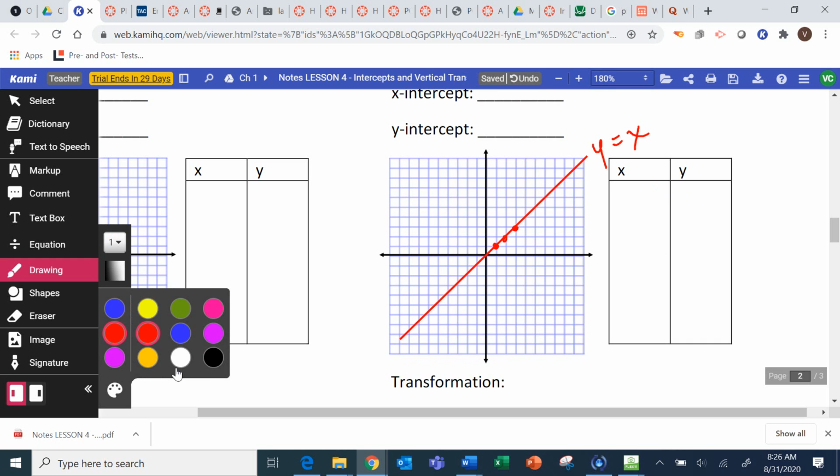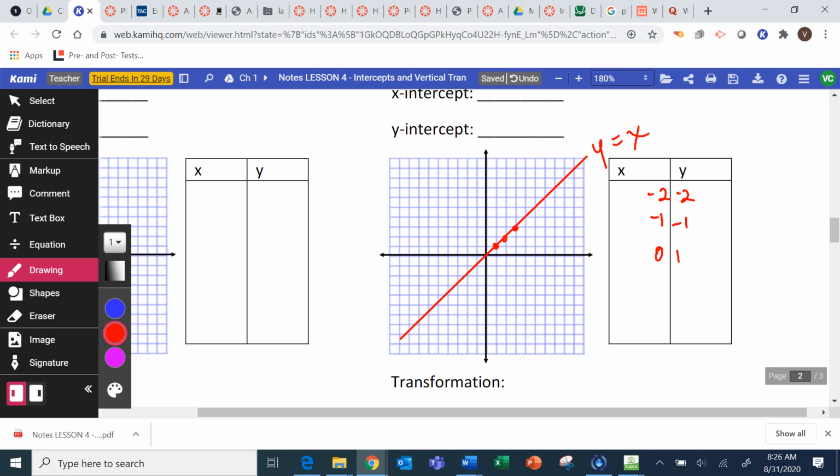I'm rewriting the same thing if you're not using the same colors. Okay, so that is the equation points of the red line. There's way more points on that line, but this is just a select few that are very convenient. Some negatives, some positives, and 0.